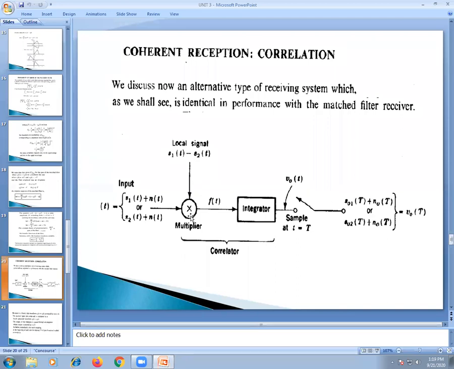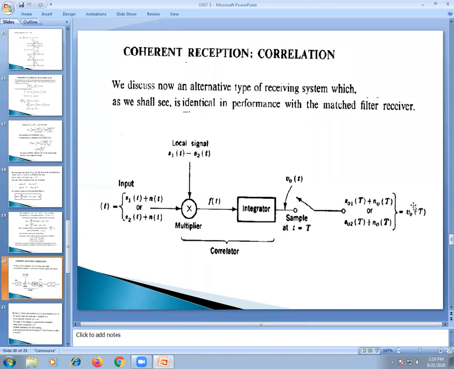So f of t is the product of the two signals, the input signal and the local signal. Now that is given to the integrator. The integrator output is given to the sample switch, which operates at t is equal to T. That output V naught of t is S01 of t plus N naught of t or S02 of t plus N naught of t.